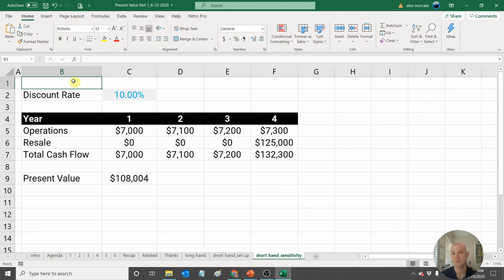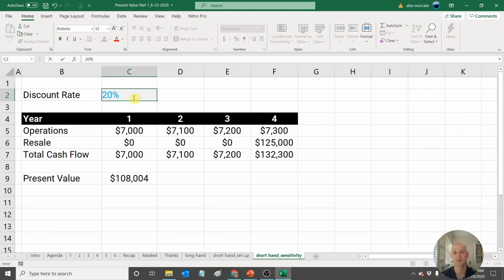So if we think about that same concept here, the greater the discount rate, the more we discount, the lower the present value. This is the exact same example we had in the prior slide. So watch what happens if we change the discount rate. If we increase it to, let's say, 20%, we would expect that present value would come down because we're discounting more.